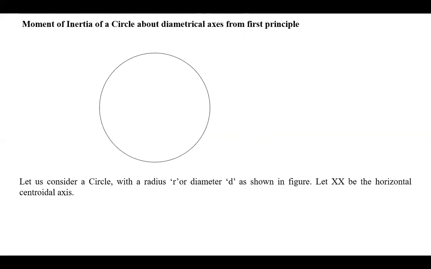Next, let us move on to find the moment of inertia of a circle about the diametrical axis from first principle. The diametrical axis is nothing but the central axis in this case. Let us consider a circle of diameter d and radius r. Let G be the centroid, which lies exactly at the center of the circle, and let us pass the x-axis through the central axis.